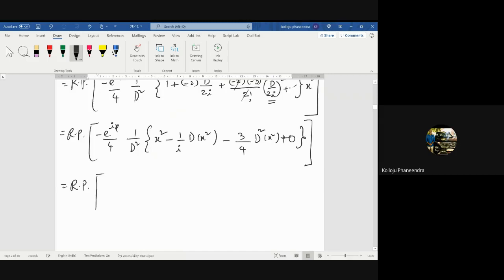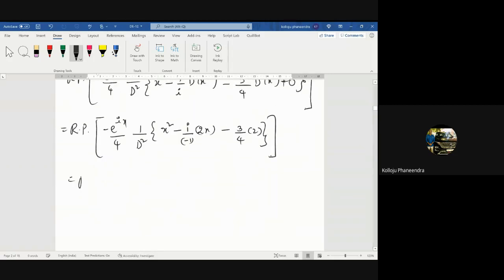Real part of negative e to the power of ix by 4, 1 over D square of what? Now x square, multiply and divide by i. Don't keep i in the denominator, and this is 2x, minus 3 by 4 into 2, bracket closed.